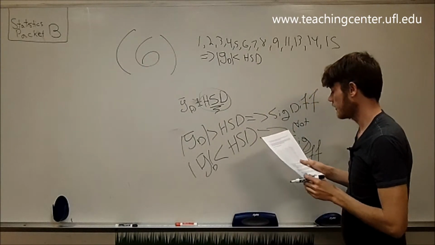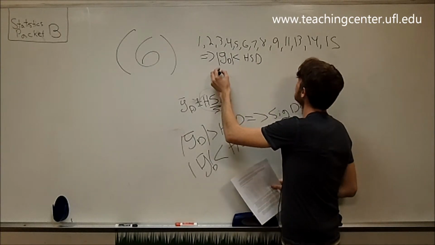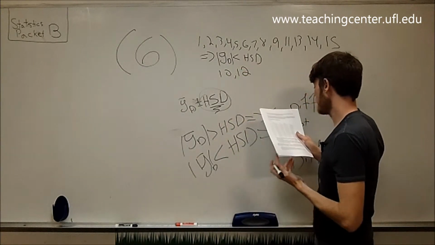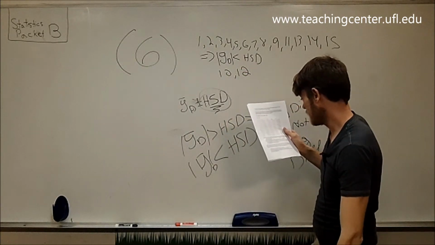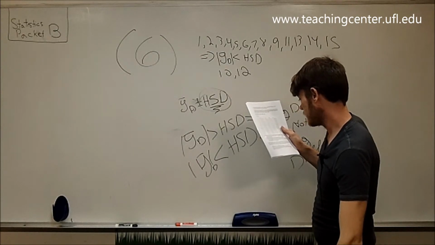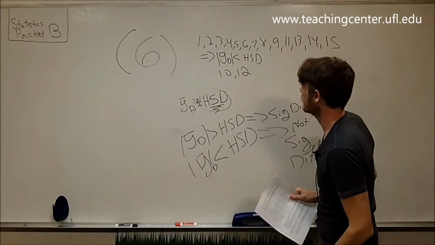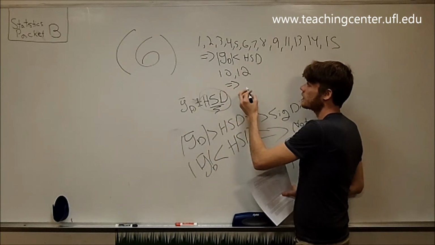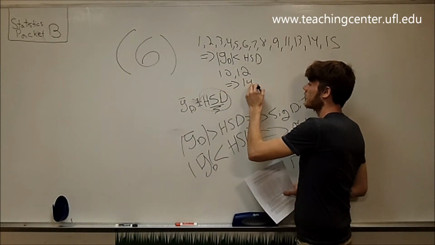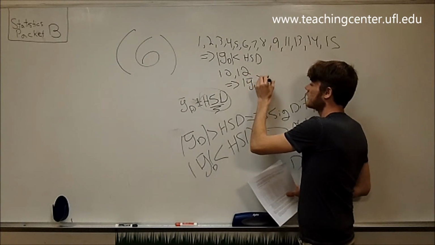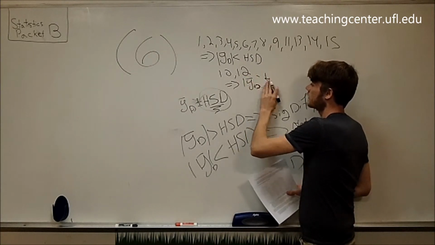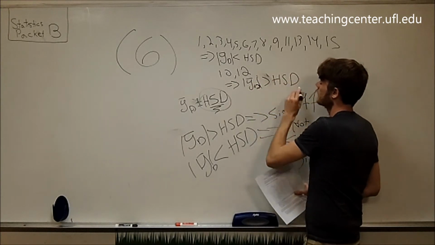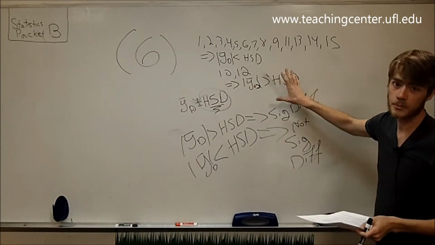But now if you look at intervals 10 and 12, they are both negative to negative. And since they didn't include 0, they didn't cross 0, that means that the difference is greater in absolute value than HSD.